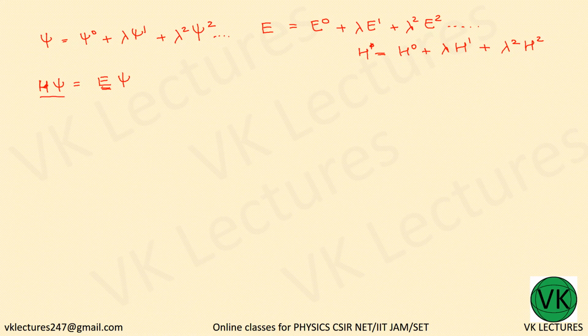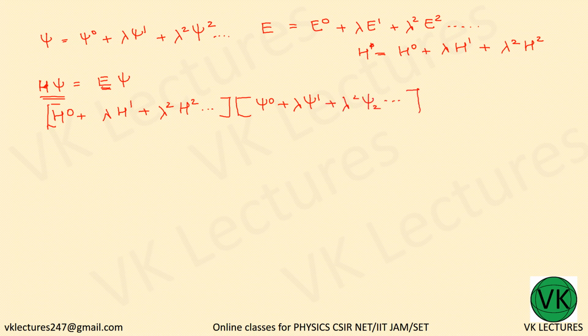Now let us focus on the left hand side. Let us write down what is H. H is equal to H naught plus lambda H1 plus lambda square H2 etc., times psi. What is psi? Psi is psi naught plus lambda psi 1 plus lambda square psi 2 etc.